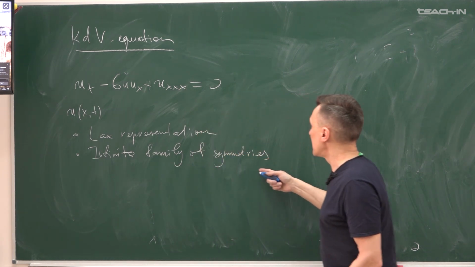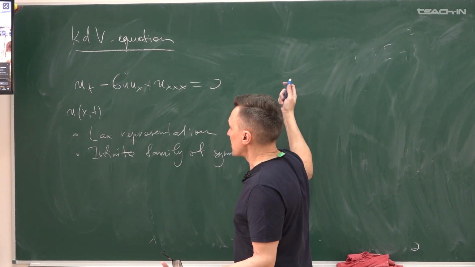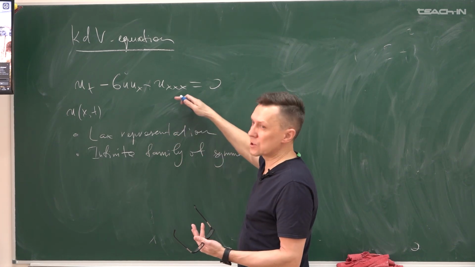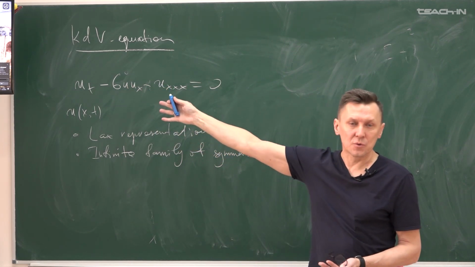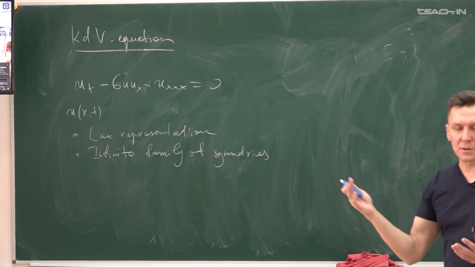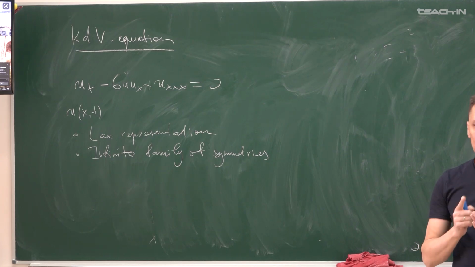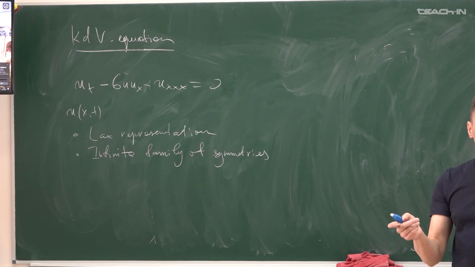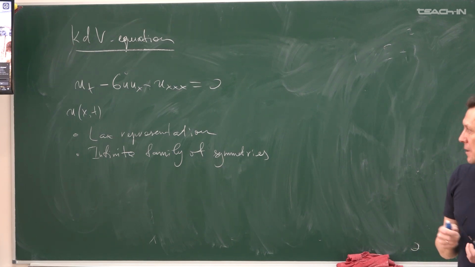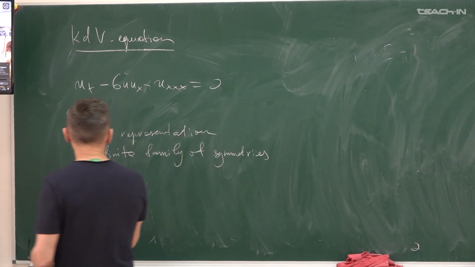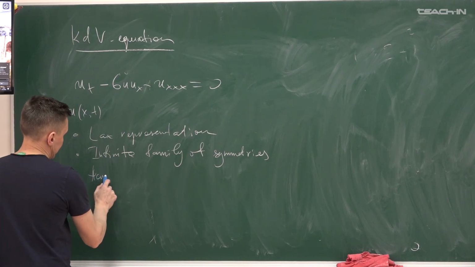So an infinite family of symmetries means that there is an infinite number of times and equations of a similar nature which commute with this flow. So you always have the zero curvature equation if you start to differentiate in two different directions in two different times in this hierarchy of symmetries. It has a Hamiltonian description.